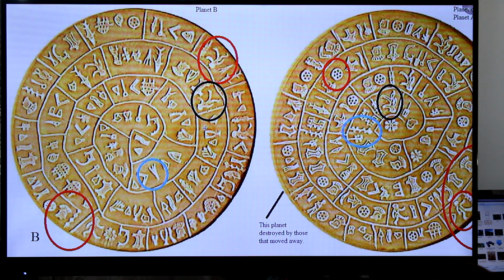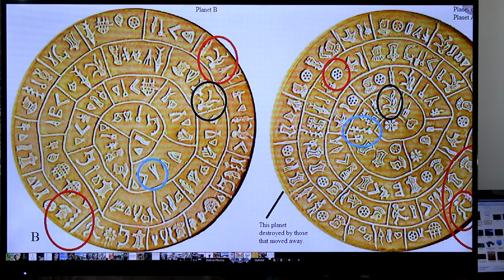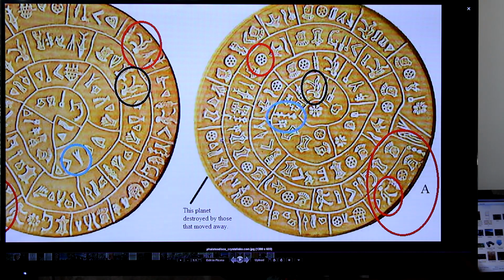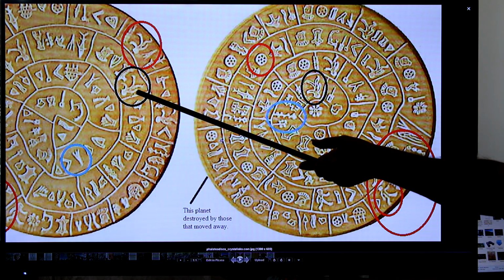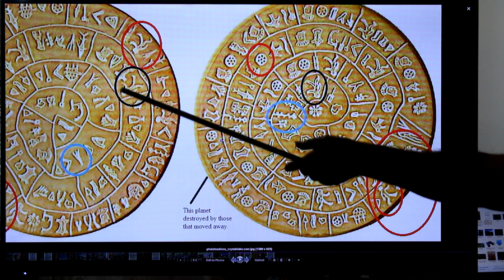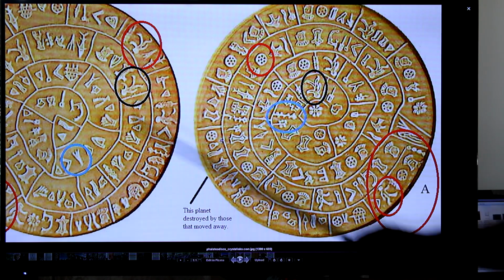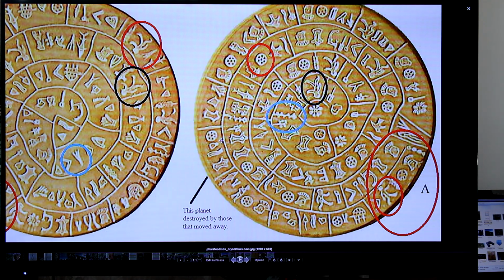Now I want to zoom in, if I will, back to the first plate and show you what we're seeing here. We're getting spoken of our movement away from our planet to another planet within the same solar system. However, moving to this one creates the problem we've got.